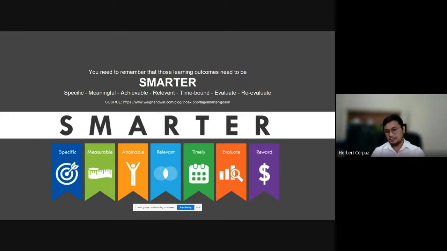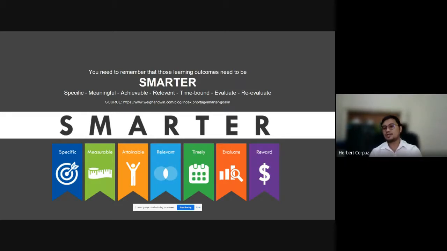Letter A, they're Achievable, something the student can do, or attainable. Letter R, they have to be Relevant. They can use it in their everyday life, the outcome of their learning. Timely or time-bound.